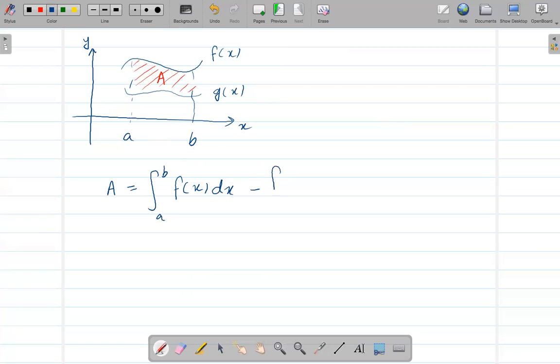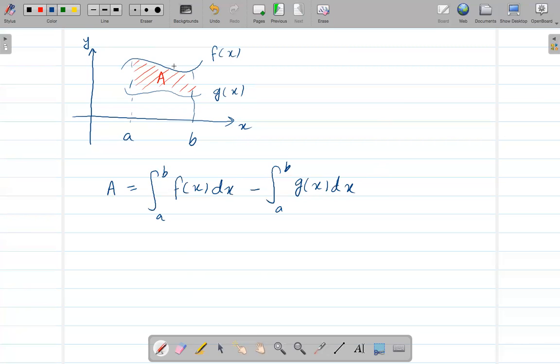That one I can find as the integral from a to b of g of x dx, right? So yeah, basically with this equation, we can get the area of this region, okay? So yeah, try to understand this concept. I might ask something related to this idea in the exam, right?